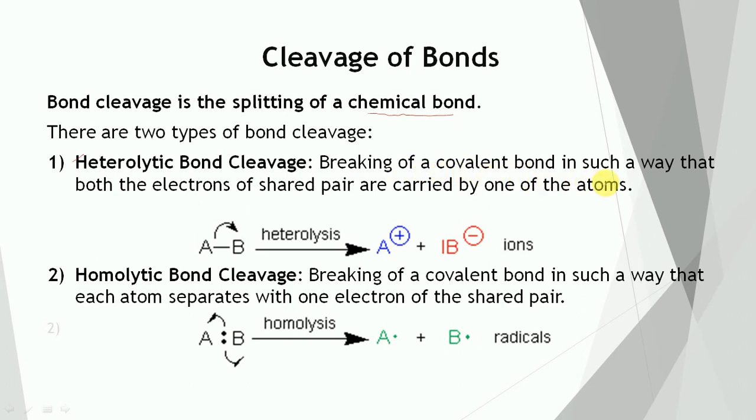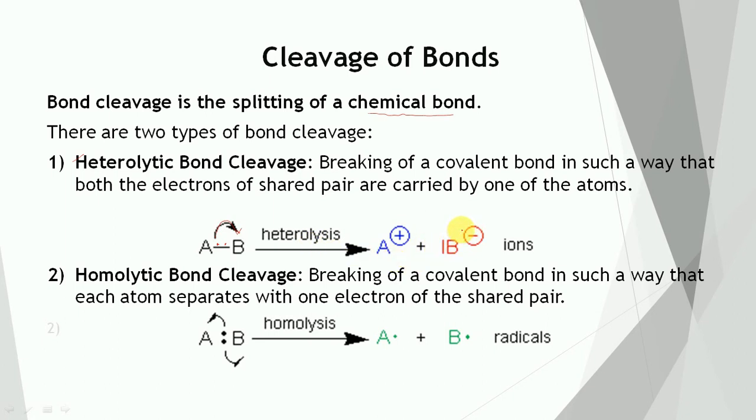the covalent bond breaks in such a way that both the electrons of the shared pair are carried by one atom. Now this bond can break heterolytically. So both the electrons are carried by one atom which is more electronegative.